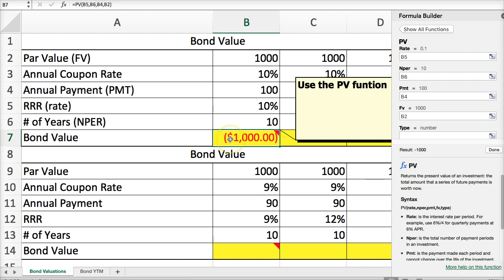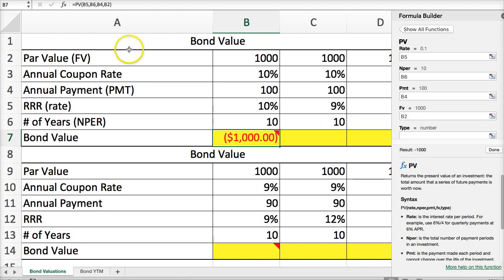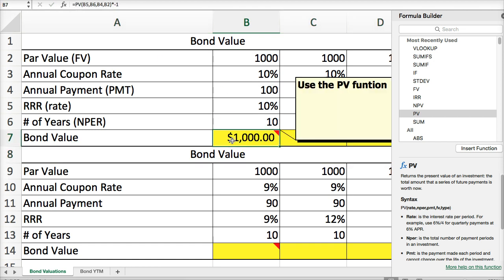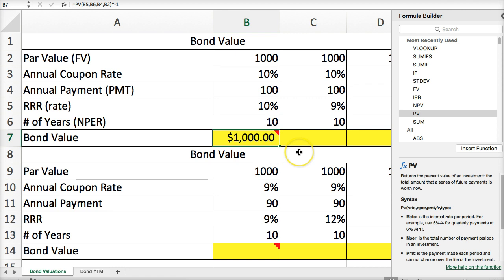That's how Excel calculates a present value. If you don't like that negative, you could just multiply by -1, because most any textbook or any problem would want the bond value to be a positive number. So bond values are never negative, but present value calculations will calculate it as such in Excel.